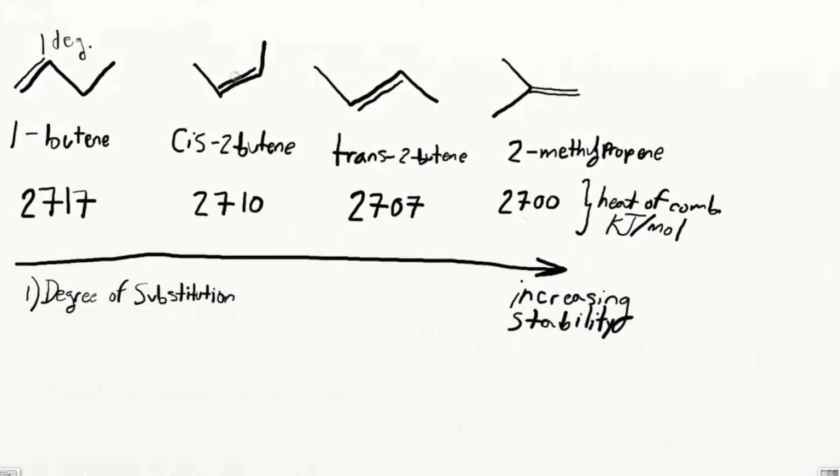If we move on to the cis-2-butene, if we look at the end of the double bond over here and over here, there's 2 carbons coming out of it. 1 carbon on the left side, 1 carbon on the right side. So this one has 2 degrees of substitution. If we move on to the trans-2-butene, let's look at the double bond.